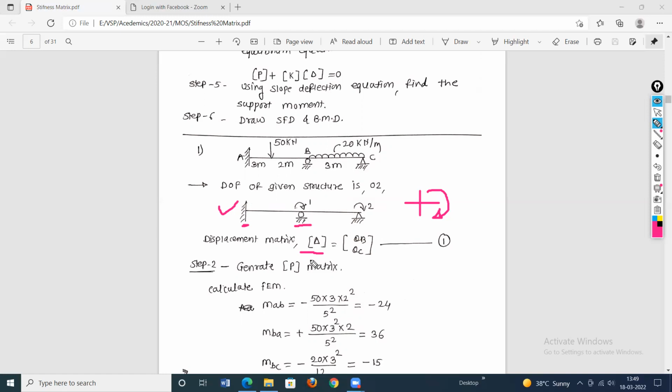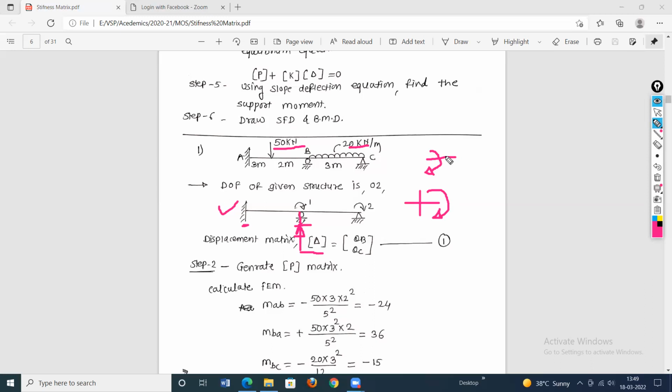Then coming to support number 2. It is a roller support. A roller support offers one reaction, that is the vertical reaction. Therefore, the vertical direction is restrained, so displacement in the vertical direction is not possible, but the other 2 directions are free, that is horizontal displacement and rotation. But in this example, both loads, 50 kilonewton and 20 kilonewton, are acting in the vertical direction.